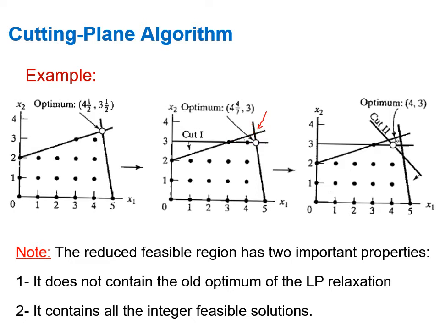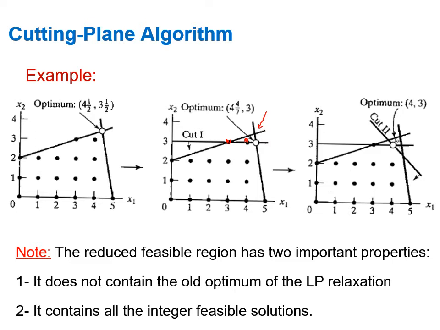So what do we have? If we consider the black dots, the integer feasible solutions, did we eliminate any one of those integer feasible solutions? No. You see this solution, integer feasible, and this solution, integer feasible, they are still inside the feasible region on the boundary.